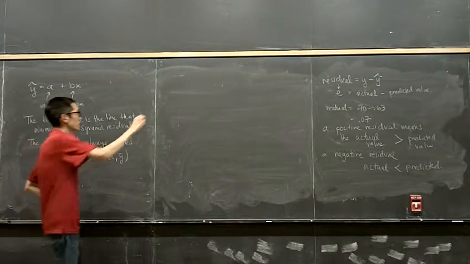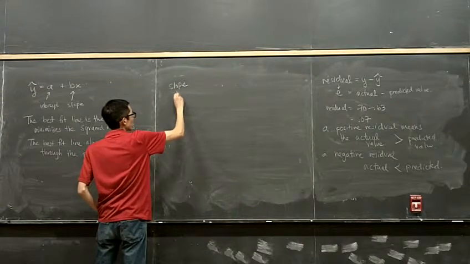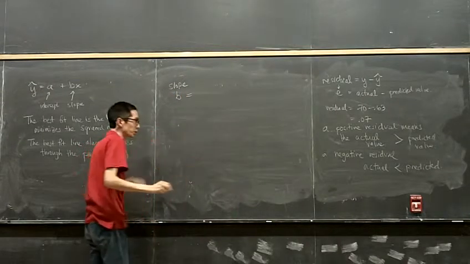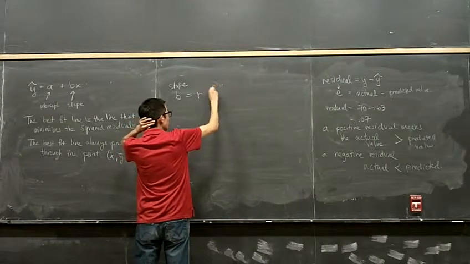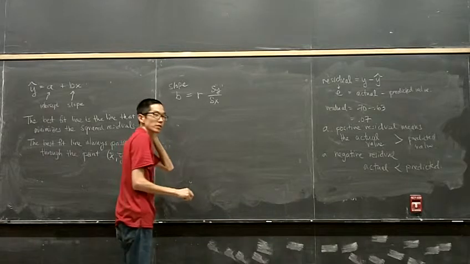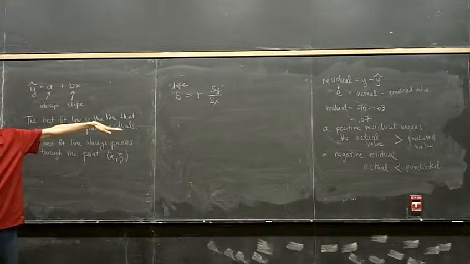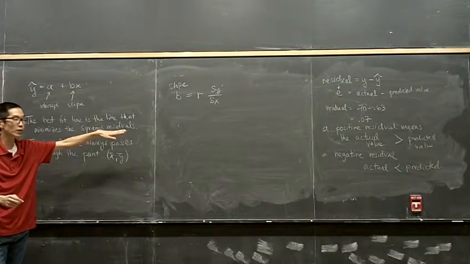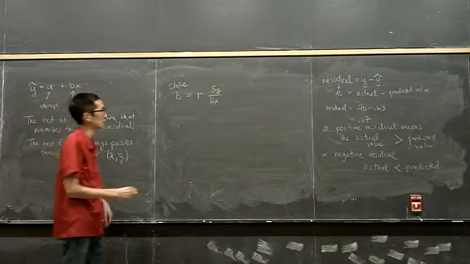Here, our slope, which is the letter b, is going to be equal to r times the standard deviation of y divided by the standard deviation of x. That's s sub y and s sub x.